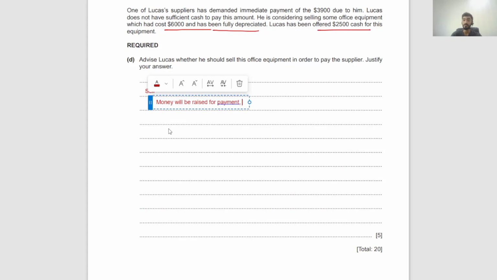However, it may not be enough, it is not the full amount. Yeah, but still we can mention it's not the full amount, so he will still need some other source unless he has cash for the rest of it.